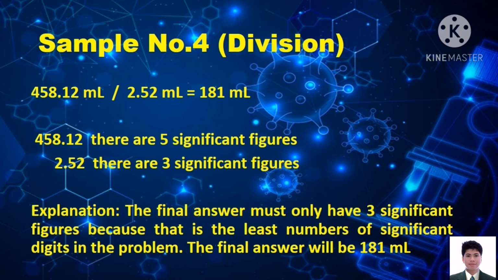Remember, for 458.12, there are 5 significant figures, while 2.52, there are 3 significant figures. The final answer must only have 3 significant figures because that is the least number of significant digits in the problem. The answer will be 181 milliliters.